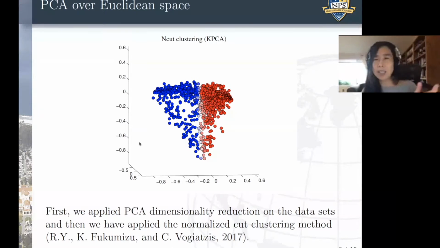I will explain a little bit: that's the space of all phylogenetic trees, and it looks like that tree space. So maybe classical PCA says it's two clusters, but it basically didn't capture the space of phylogenetic trees, so that was confusing.